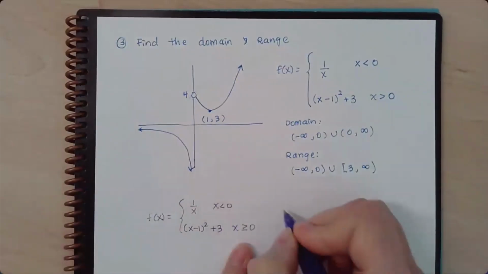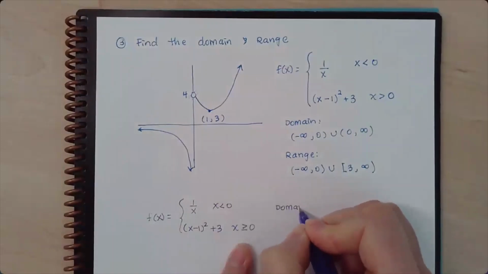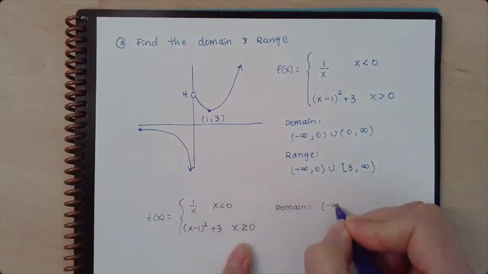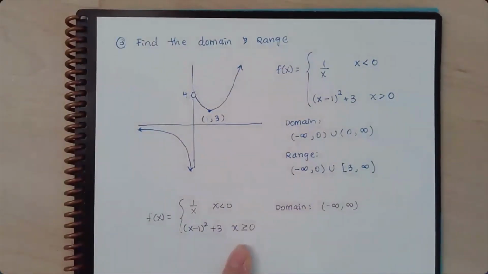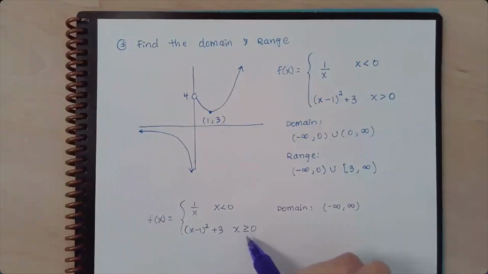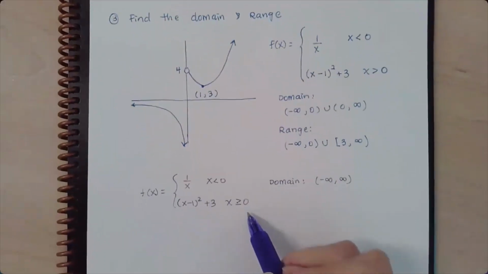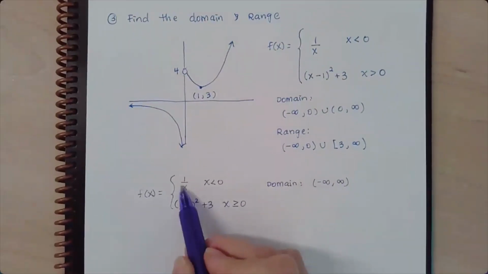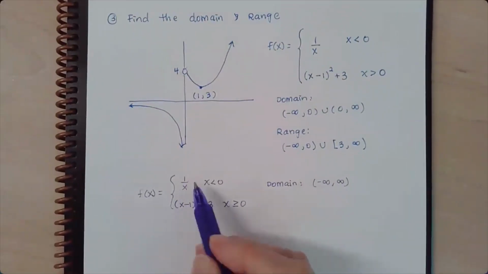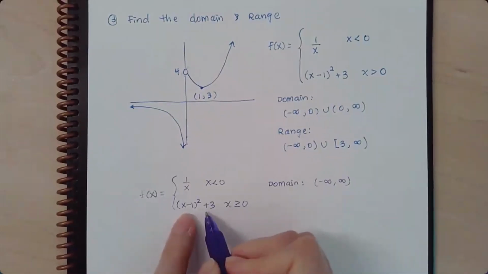That change would be enough that my domain would now be negative infinity to positive infinity. When x is actually equal to 0, I'm not at this vertical asymptote from this function. I have a place to plug it in.